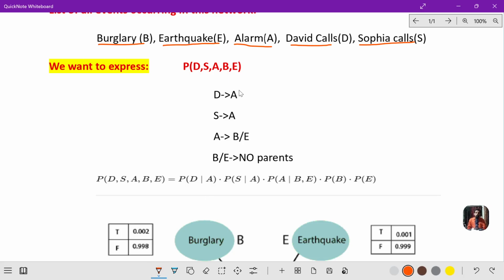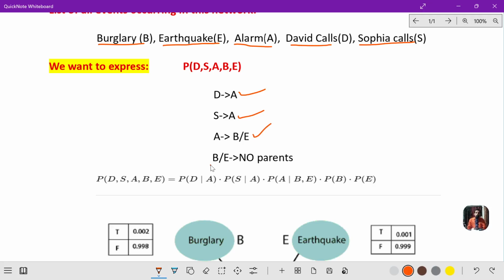What is the first condition? D depends on A. Can we say David calls depends on the alarm? Yes. And the second one, Sophia calls depends on the alarm? Yes. But the alarm depends on burglary, meaning theft, and E, the earthquake. Yes. So that's why we have written one more dependency.